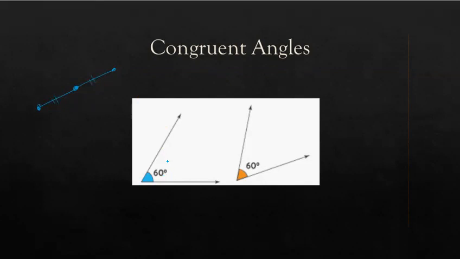We're going to use a similar marking for angles. We're going to draw a little arc across the angle. I'm going to go ahead and draw 2 on this one. And since this is congruent, I'm also going to draw 2 on this one. If I had another pair of angles that were congruent, I would need to mark them with a different symbol within the same problem. So maybe 1 for these.